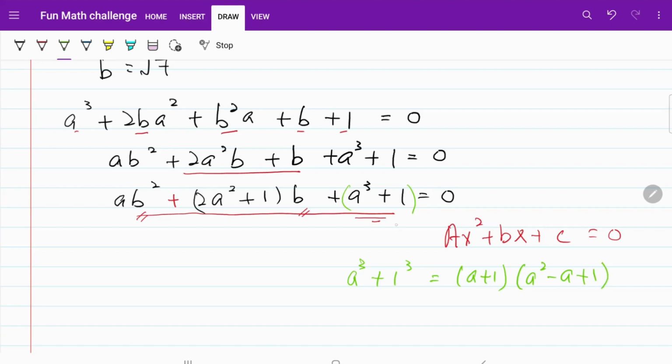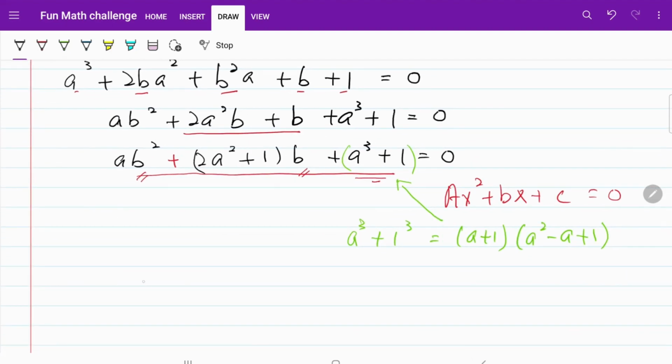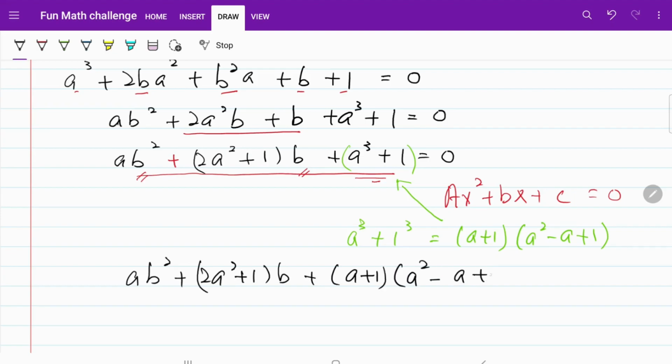So let's go ahead and substitute this into our original equation. And now the equation becomes ab squared plus 2a squared plus 1 b plus a plus 1 times a squared minus a plus 1, and of course that's equal to 0.